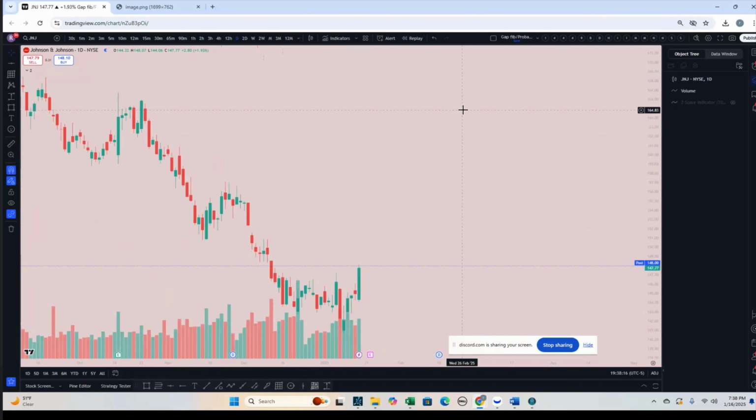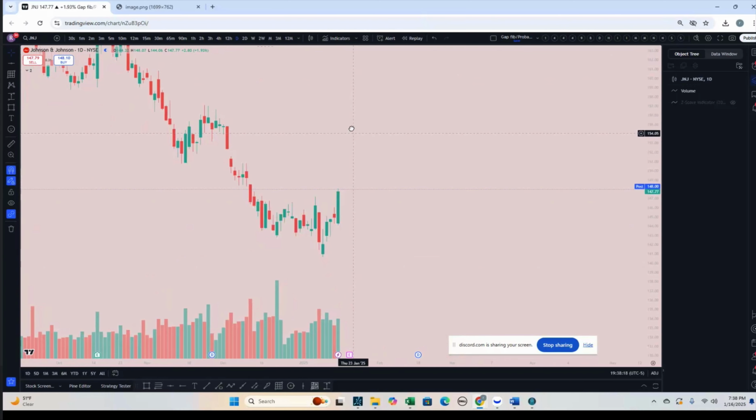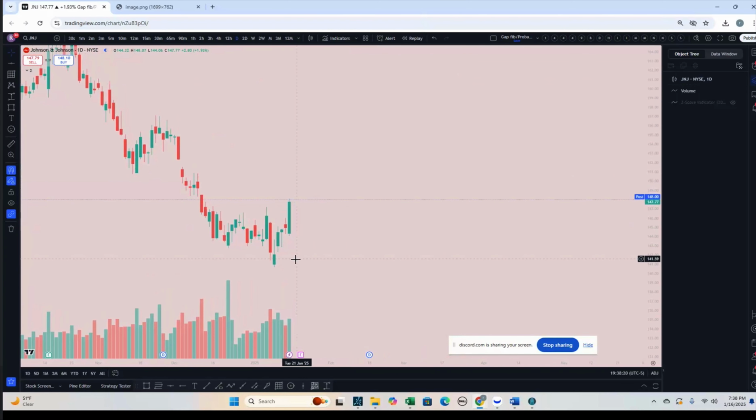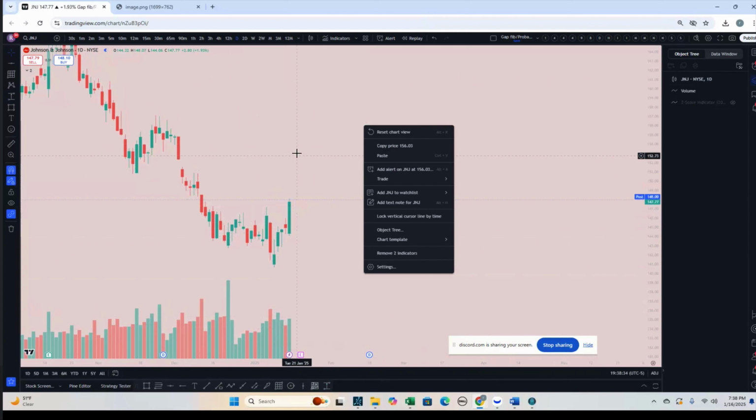I wouldn't say size for zero necessarily, but J&J may be a good one. We cleared out all this, had a gap up, and that gap up, 360, and J&J is something that moves fast.